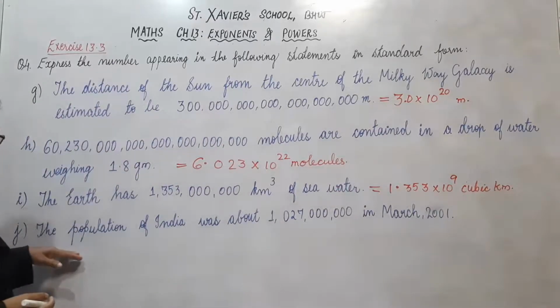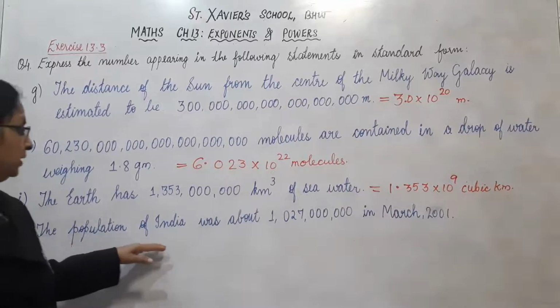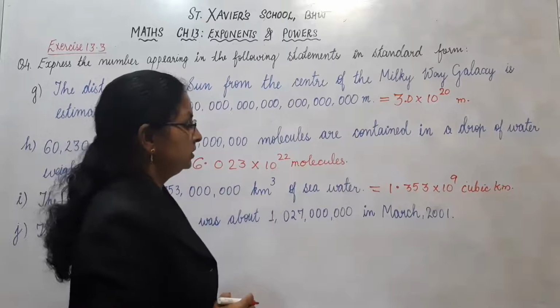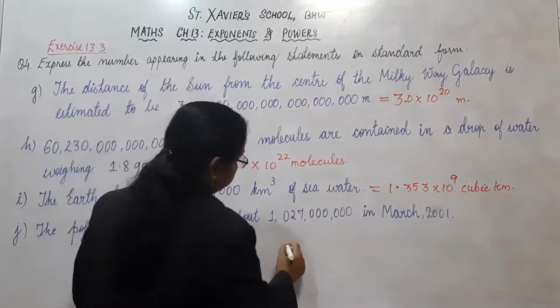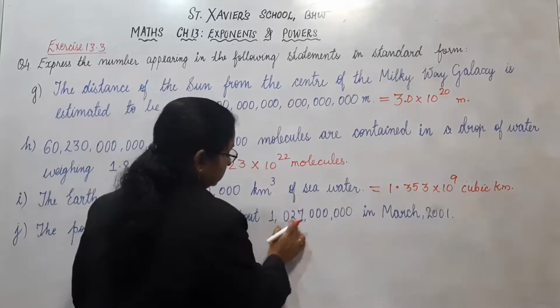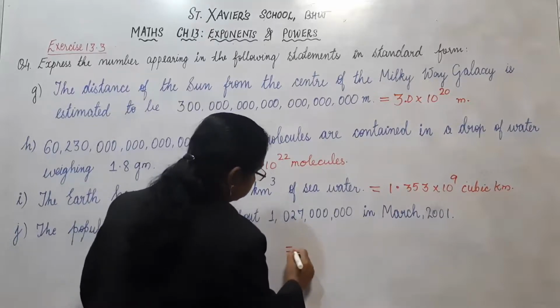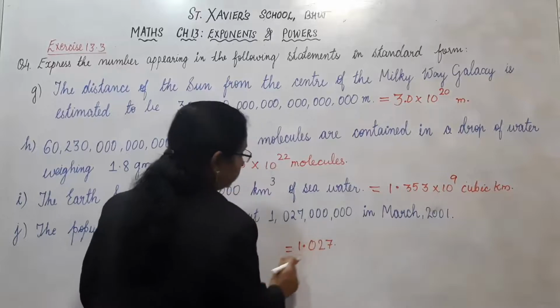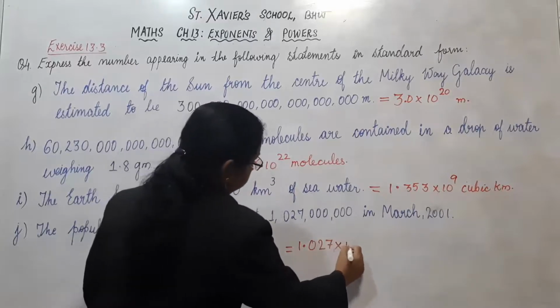Clear? Next, last question. The population of India was about so much in March 2001. So here up to 7 numbers are there. So continuously we will write that much. That is 1.027. But we start into 10.